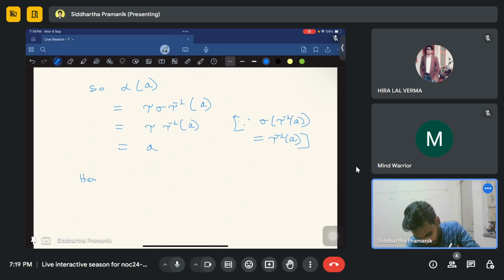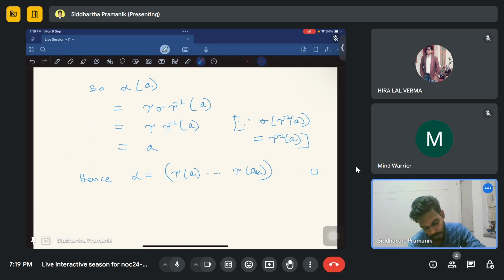Hence alpha is the cycle tau a1 up to tau ak. So this completes the proof.